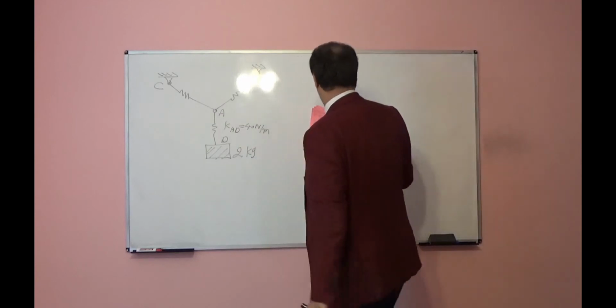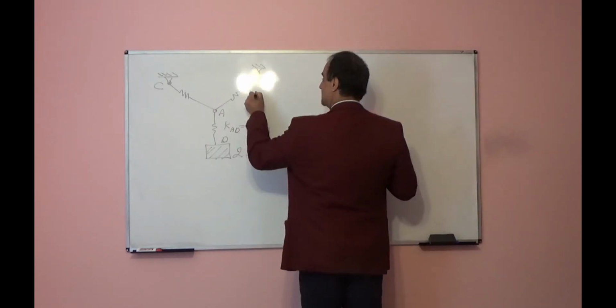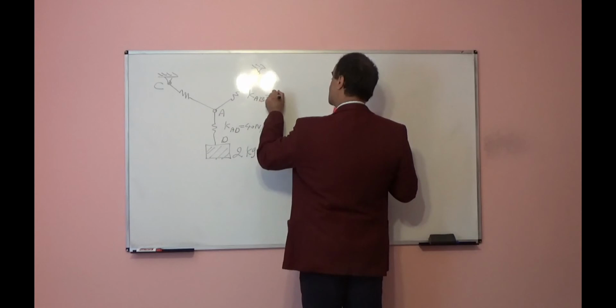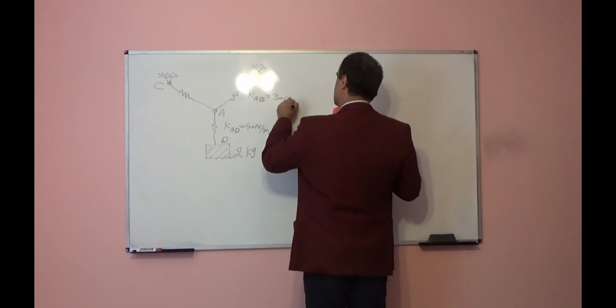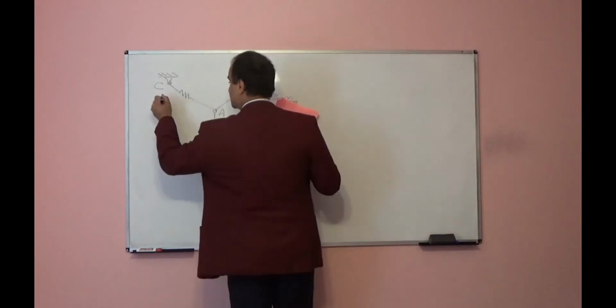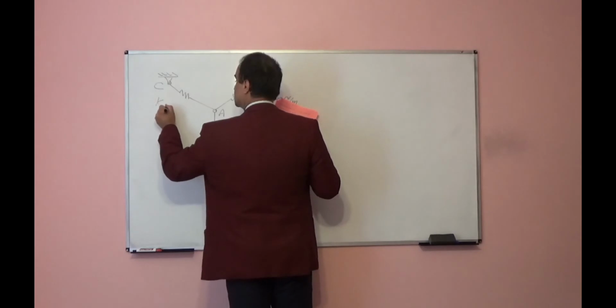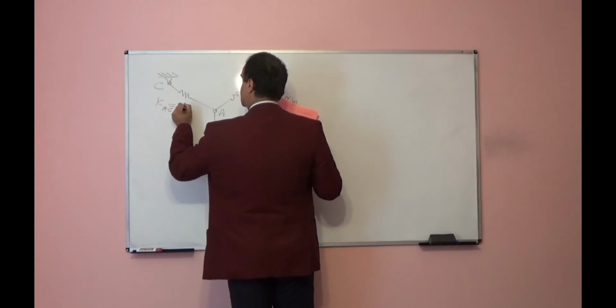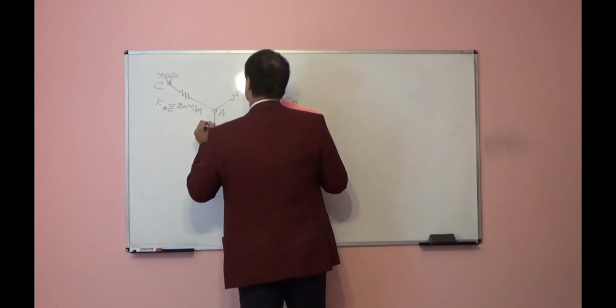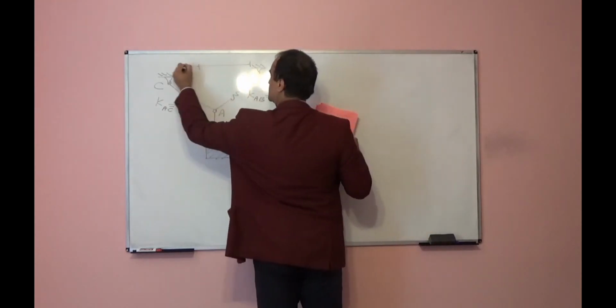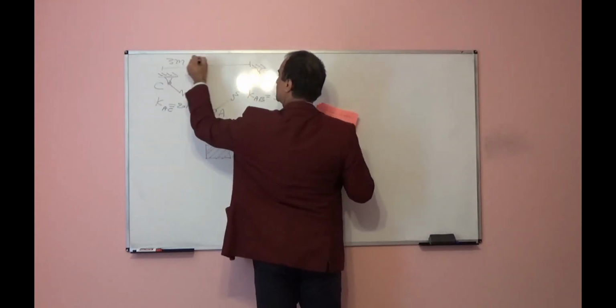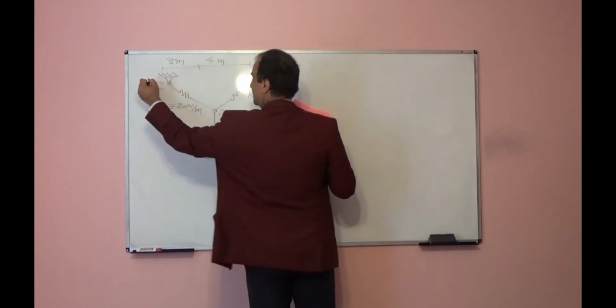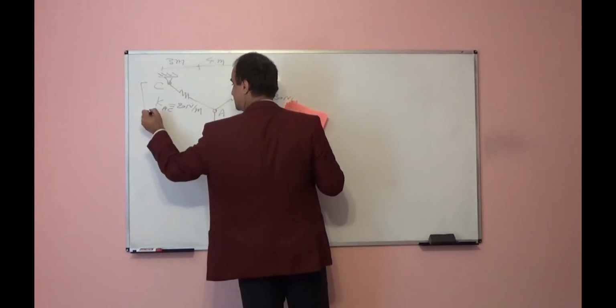The stiffness for spring K AB is equal to 30 Newton per meter. The stiffness for spring KAC is equal to 20 Newton per meter. Dimensions here are 3 meter, this is 4 meter, and this is 3 meter.